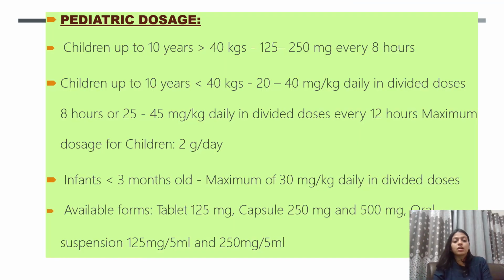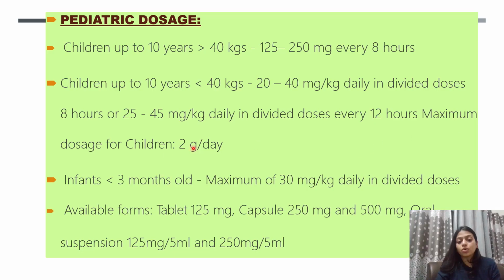So the pediatric dosages for children up to 10 years of age, more than 40 kgs, 125 to 250 milligram can be given 8 hourly. And children up to 10 years who are less than 40 kgs, 20 to 40 milligram per kg daily in divided doses can be given 8 hourly, or 25 to 45 milligram per kg daily in divided doses every 12 hours.